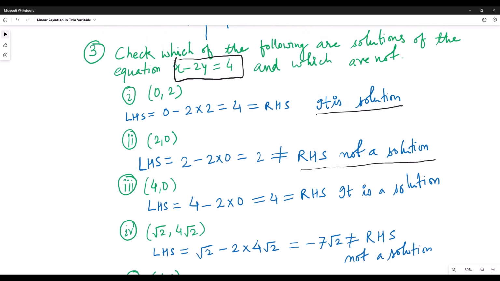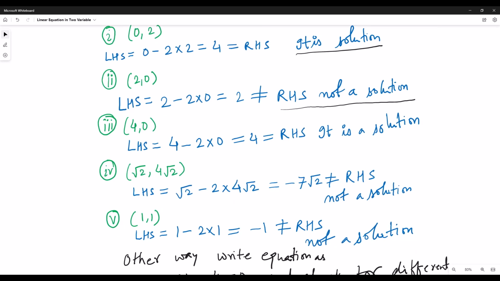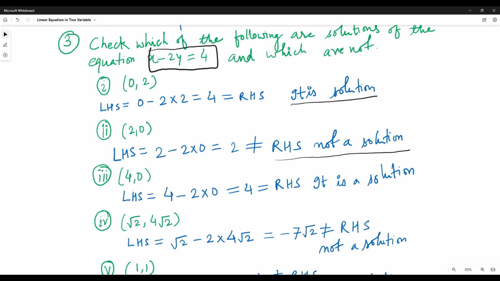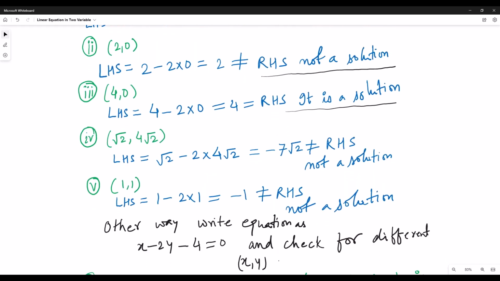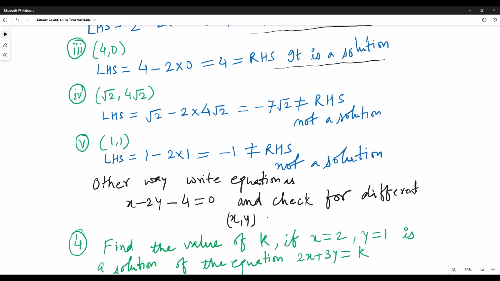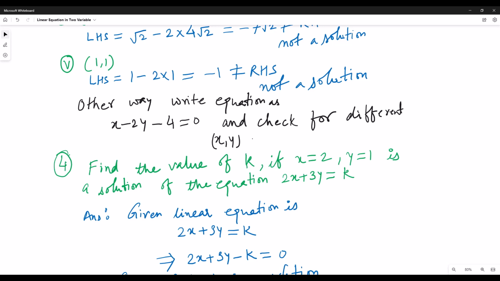Likewise, when you put x equals 4, 4 minus 2y is 4, so it is a solution. The others are also not solutions. Another way is to write the equation as x minus 2y minus 4 equals 0, put different values of x and y, and check whether the left-hand side becomes 0 or not.